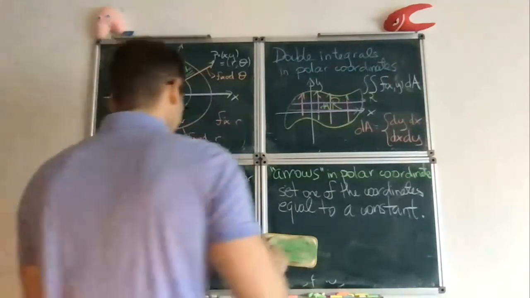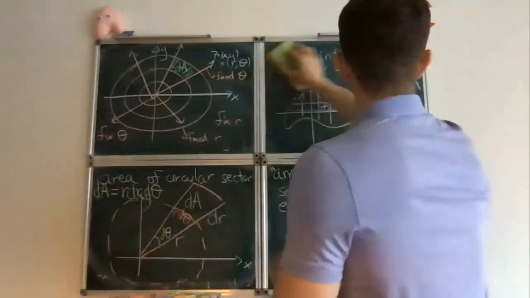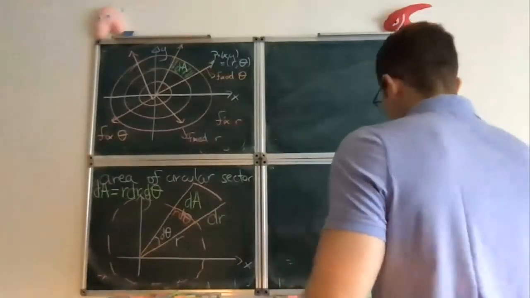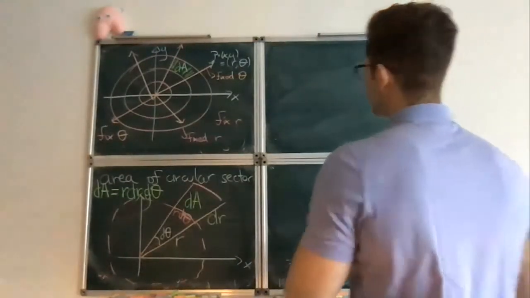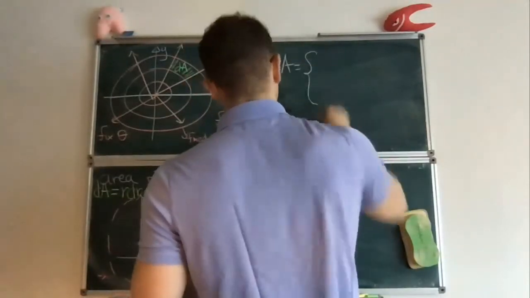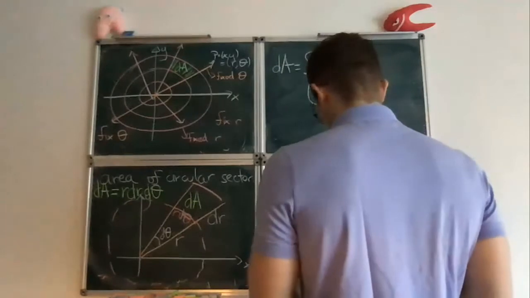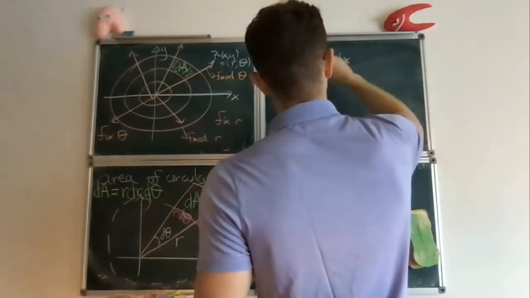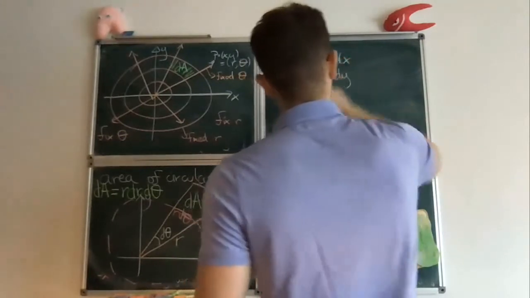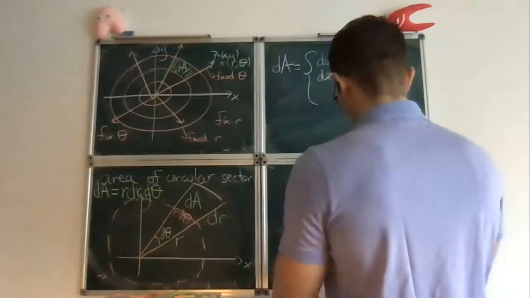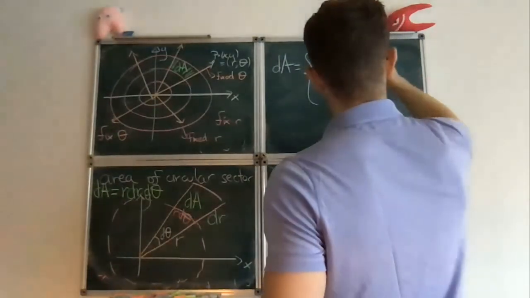So let me write this here. What we just found is that dA, right, for a double integral, dA can be three things. So it could be either dy dx or dx dy, those are like the ones that you get if you use Cartesian coordinates.